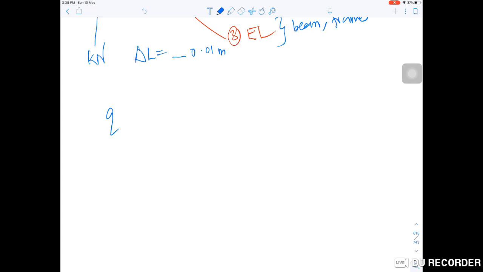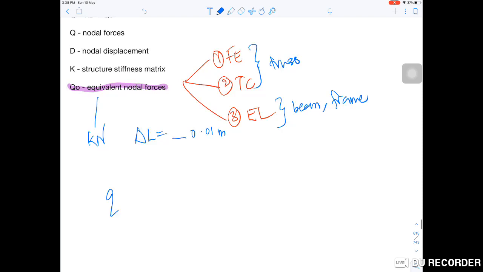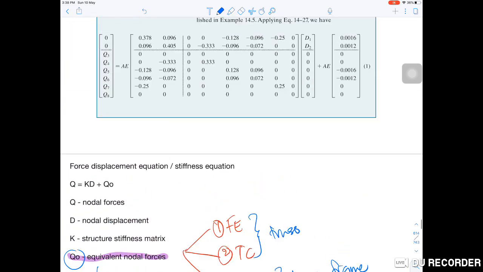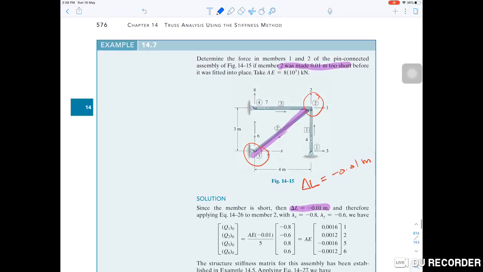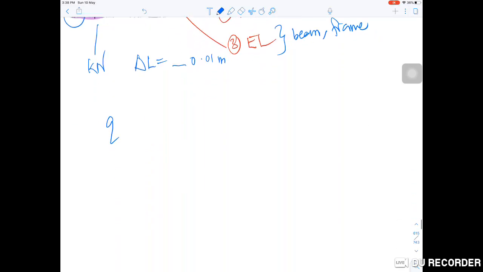This is the equivalent nodal forces, also we use small letter, but there is a special symbol for equivalent nodal force, Q naught. The capital Q is for the structure, overall, and small letter q is for one-by-one member. This is about member number 2 or element number 2, so this is Q2 naught.